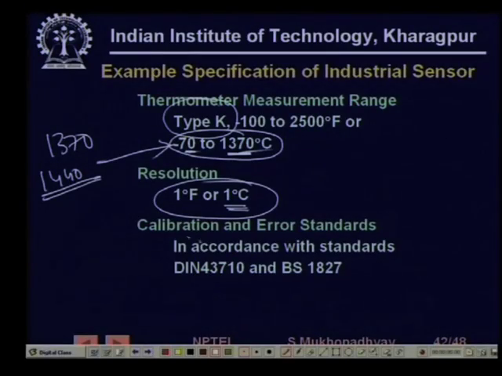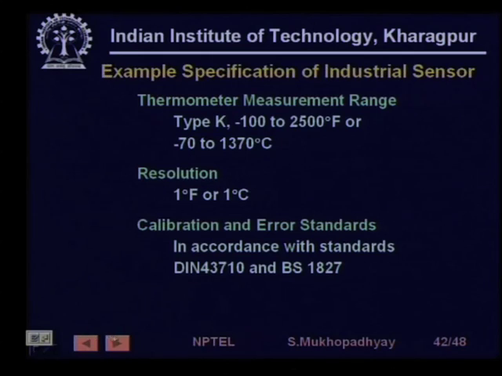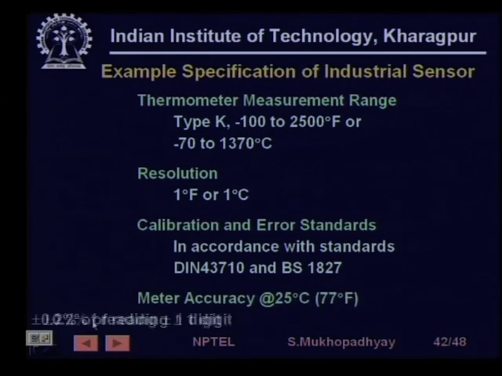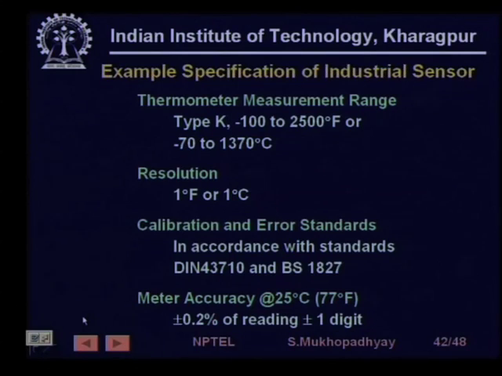Then calibration error standards. All these specifications are with respect to a certain standard; DIN is the German standard, BS is the British standard. Similarly, it says that the meter accuracy at 25 degree centigrade, that is when the ambient temperature is 25 degree centigrade, is 0.2% of reading plus minus 1 digit.